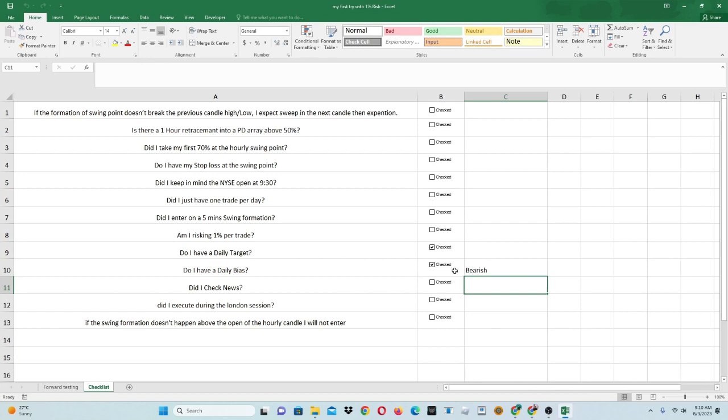Yes, because I'm in London session, I'm expecting news on the NY session. Now, my next target is the retracement into the 50% area into a PD array. So I will be watching this area right here, okay, and everything else is for execution.